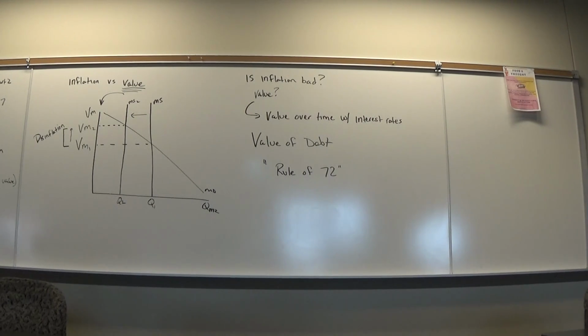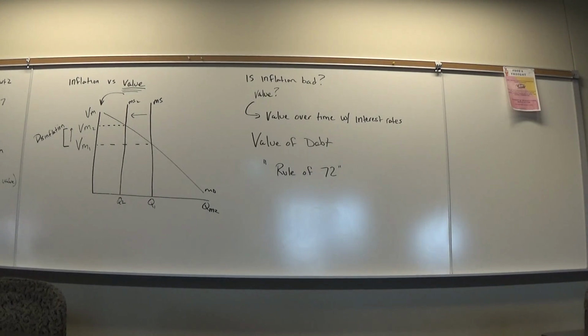The rule of 72 shows how long it takes to double a value on some fixed interest rate.